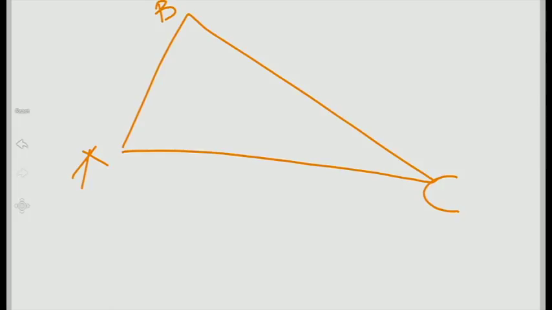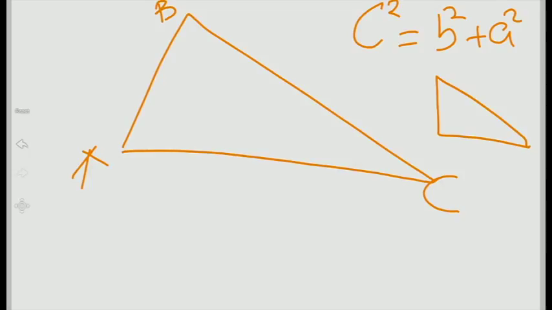Or we use Pythagoras. Pythagoras simply means C squared equals B squared plus A squared, which means the length of the hypotenuse squared equals the sum of the other sides squared.